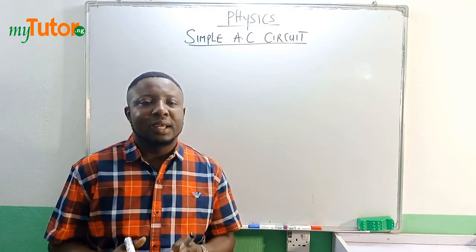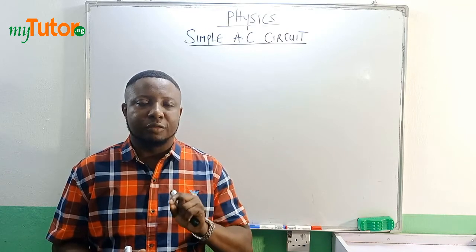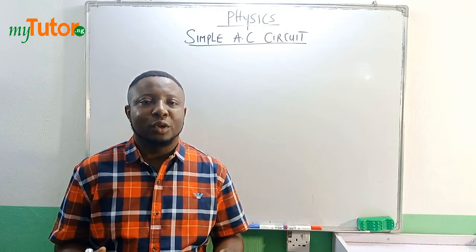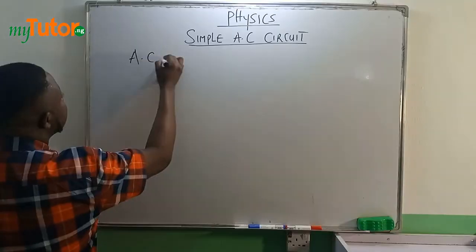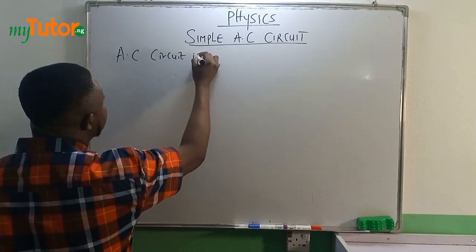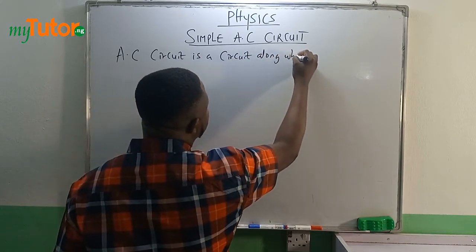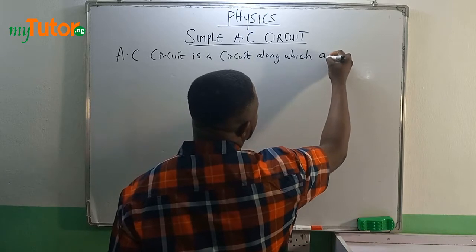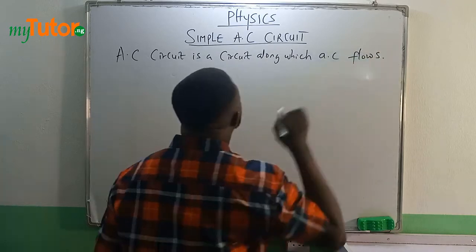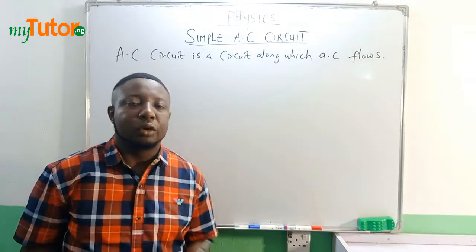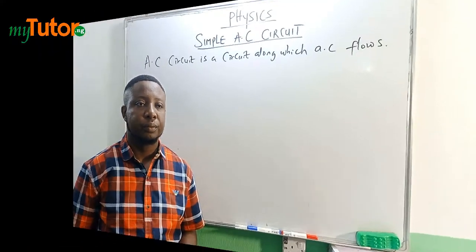So by definition, an AC circuit is a circuit along which alternating current flows.